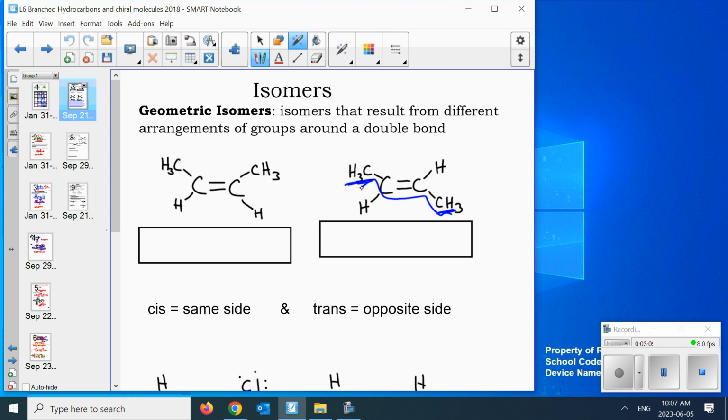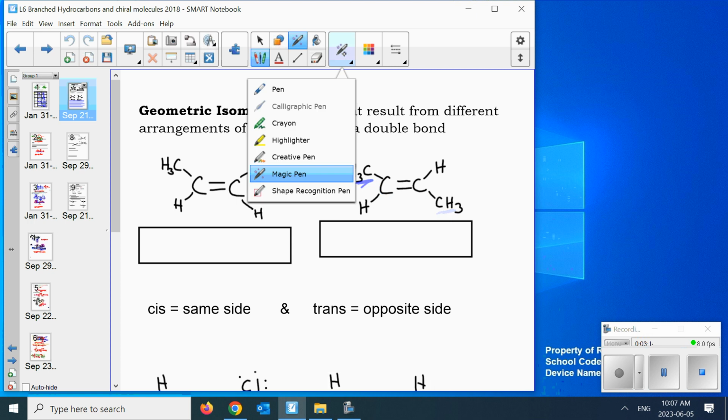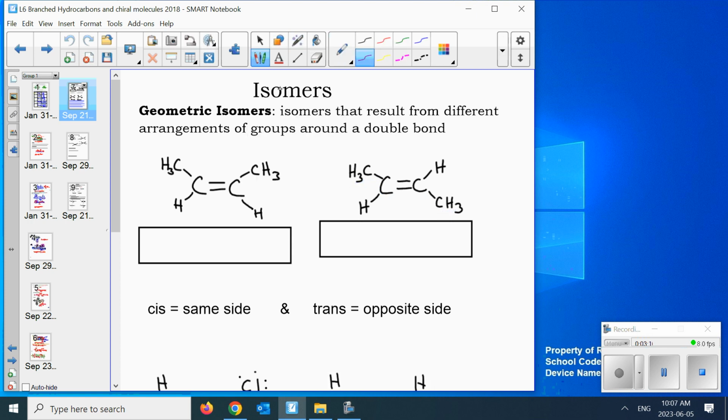Now, both of them are butene. We do have to list, and this is the way we listed before. Before, I would have said CH3, CH, double bond, CH, CH3. This, what I wrote in blue, this is how you show cis or trans. But to name this, it is either one.